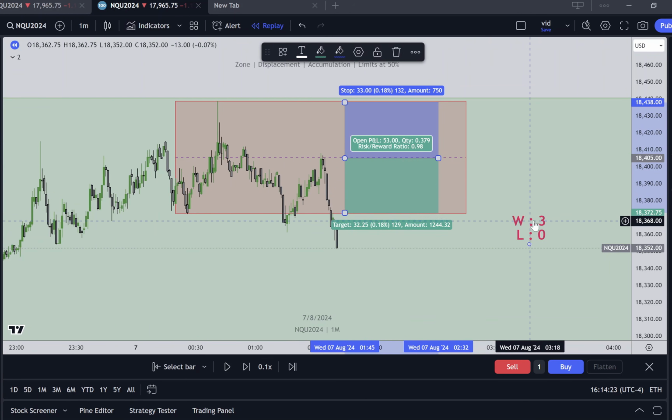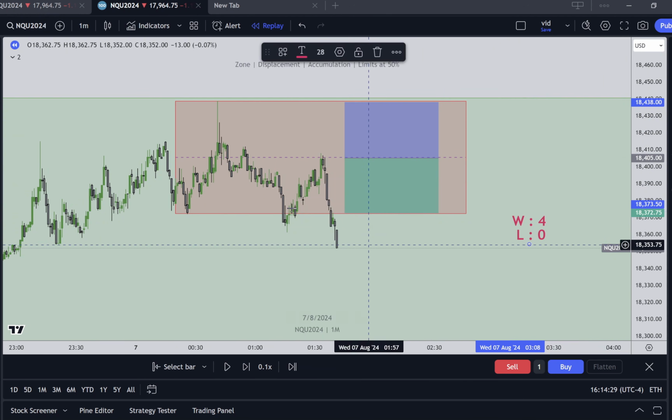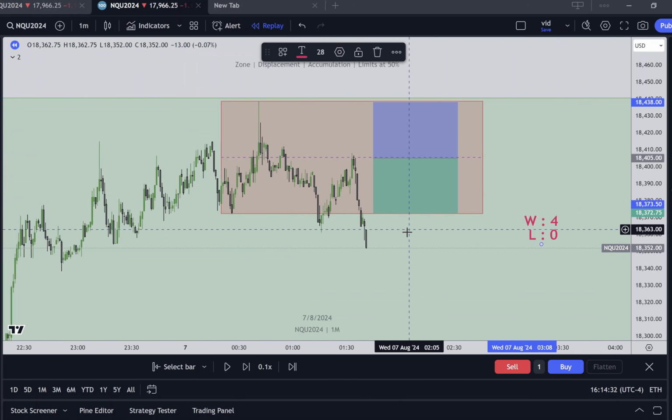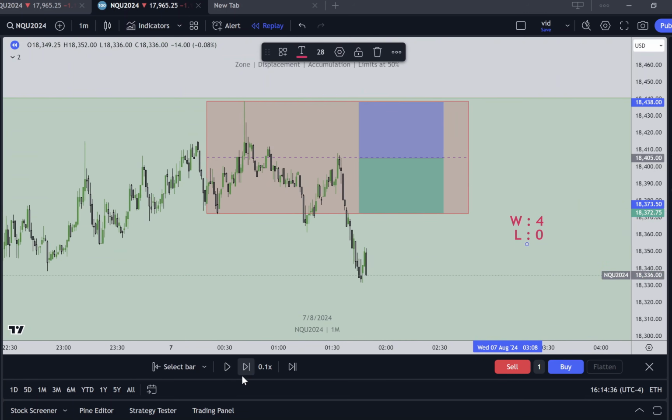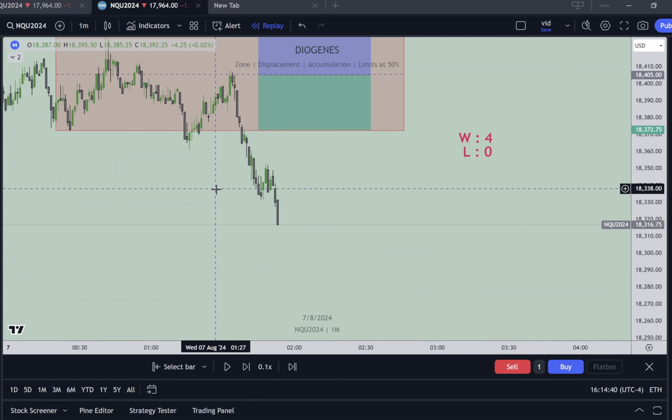And fourth win. Most important thing here is risk management. We need to risk the same amount of money. You need to be fast, calculate the lot size fast, and you'll be okay.